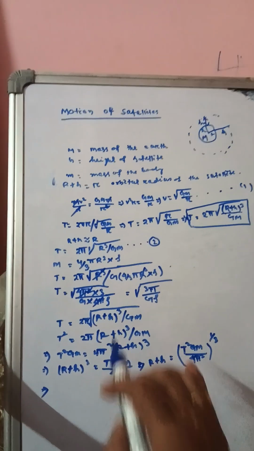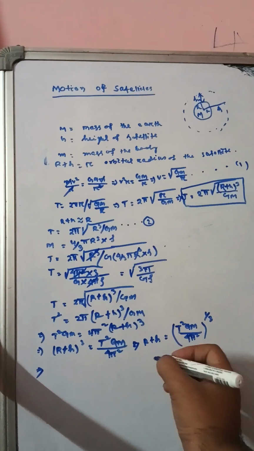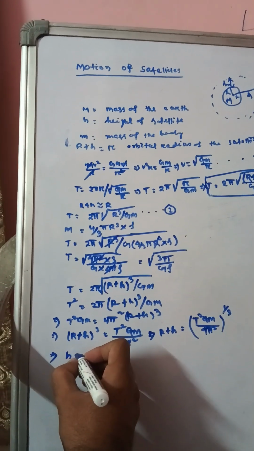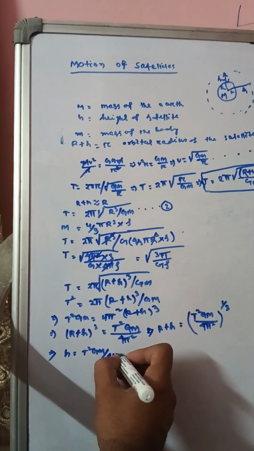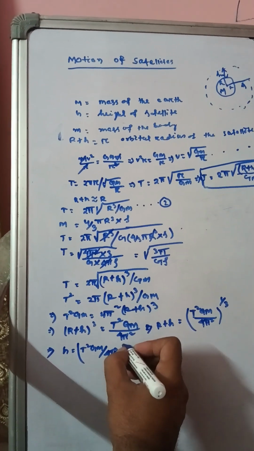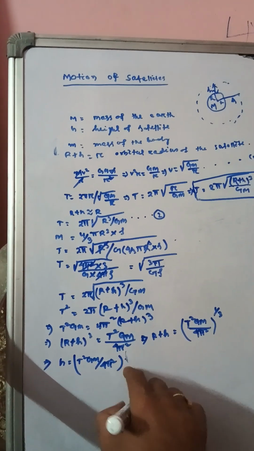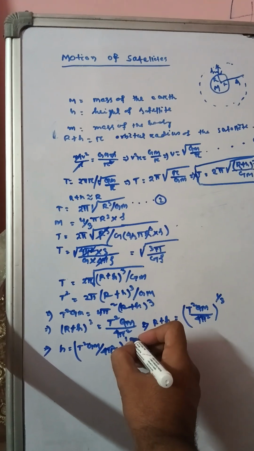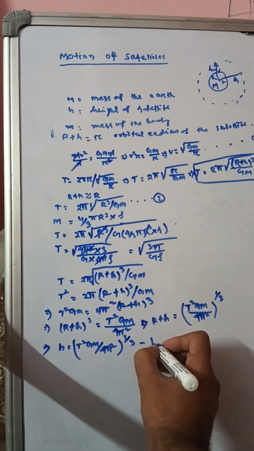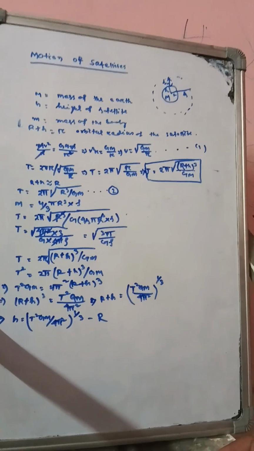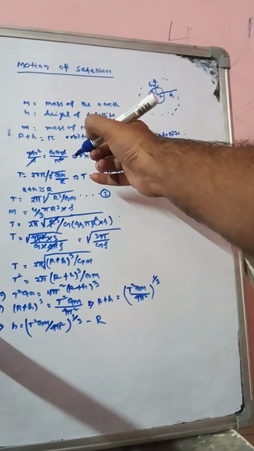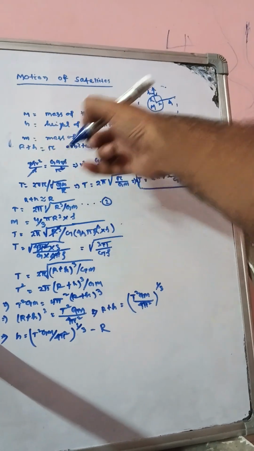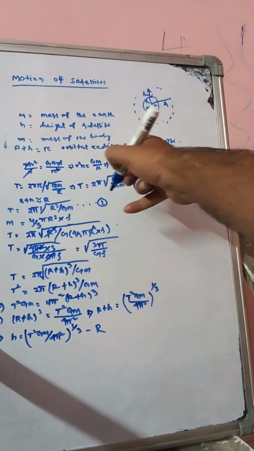Then h is equal to (T square GM divided by 4 pi square) whole to the power 1 by 3, minus R. Clear? Then we have to write in this way: M is the mass of the Earth, h is the height of the satellite, R plus h is equal to r, the orbital radius of the satellite.